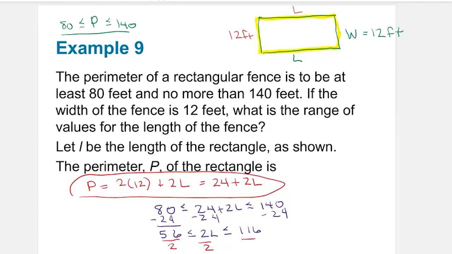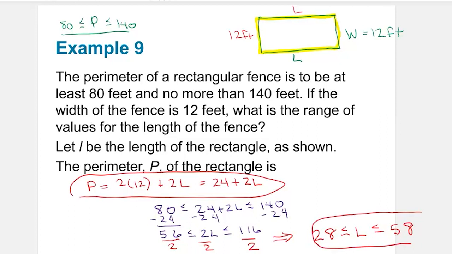So 56 divided by 2 is 28, is less than or equal to L, which is less than or equal to 58, which means that the length of my rectangle has got to be between 28 feet and 58 feet. And this is feet, let me just write it next to it here.